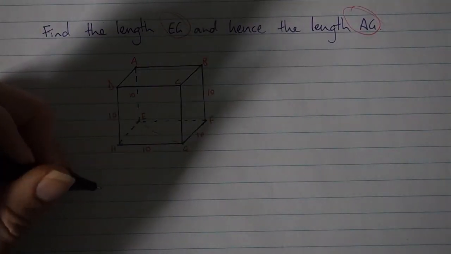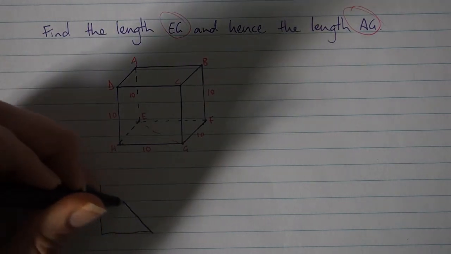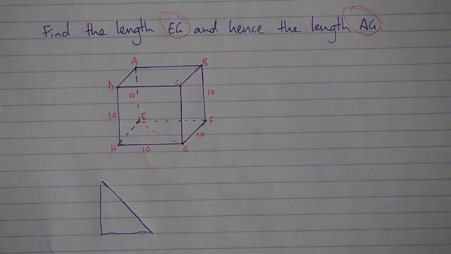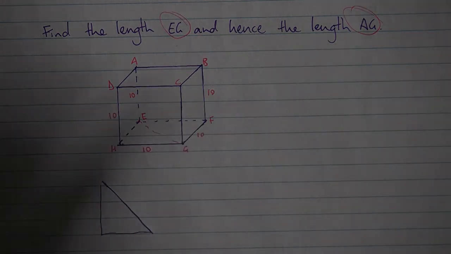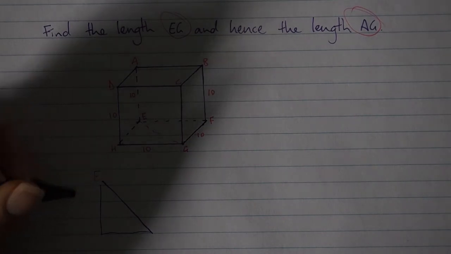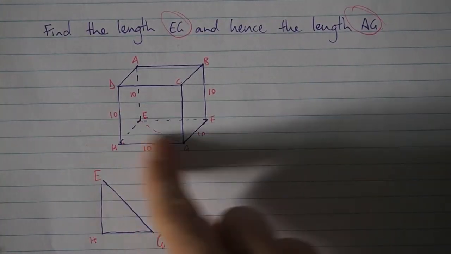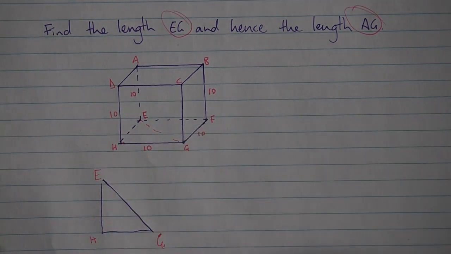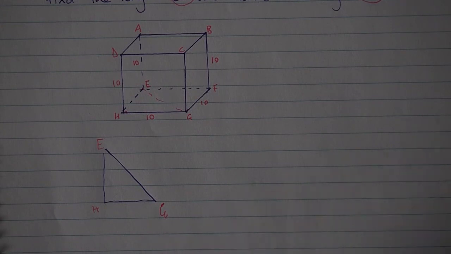So I've got just a right angle triangle and my points are E, H, and G. So you can see I've just copied the triangle from the 3D problem and made it a two-dimensional problem. I'm just going to move that up a bit.